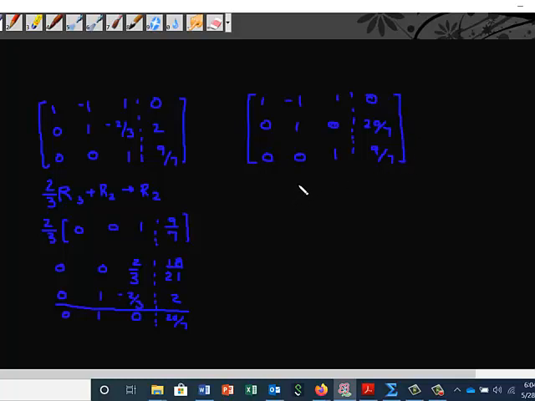Okay, so next, what we're going to do is we want a 0 in this position here. We want a 0 here. So we're going to take -1 times row 3, add it to row 1 to get the new row 1.